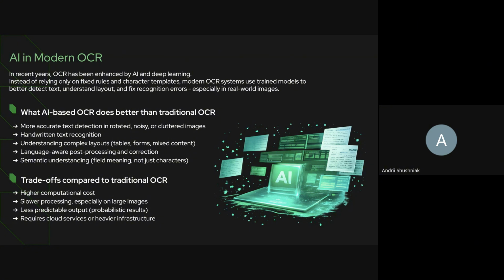It provides better results because it understands context. It doesn't rely on just rule-based patterns. It can fix mistakes for the difficult fonts because it understands the context and what the text is about. One big advantage is, of course, language-aware post-processing, because in the classic OCR, the language needs to be separately added to the library.